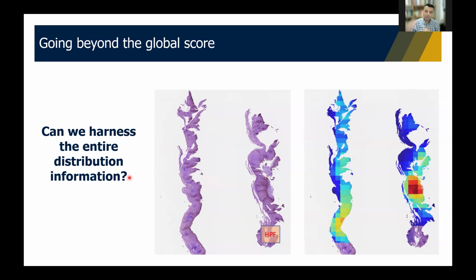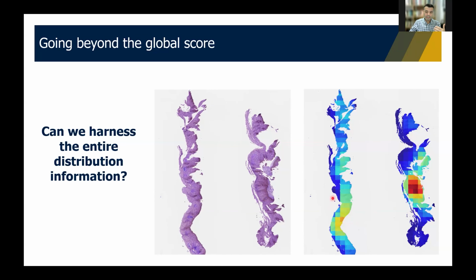Since we can do it systematically and very accurately, we have the entire eosinophil distribution in the entire slide. What you can see here is the tissue on the left, and on the right, you can see the eosinophil density along the entire tissue. So you can see that the distributions are different.